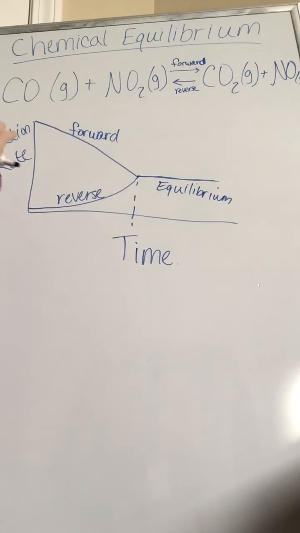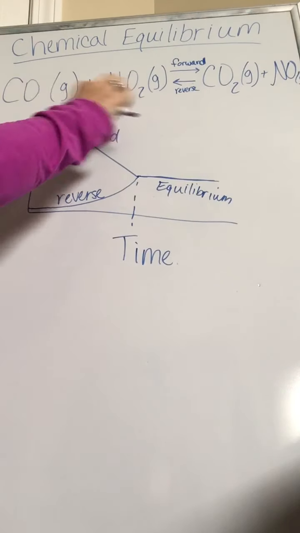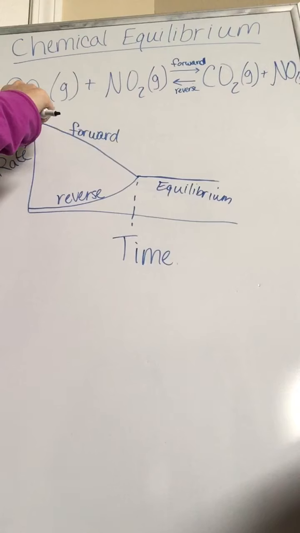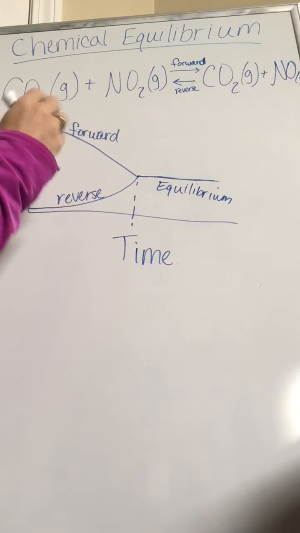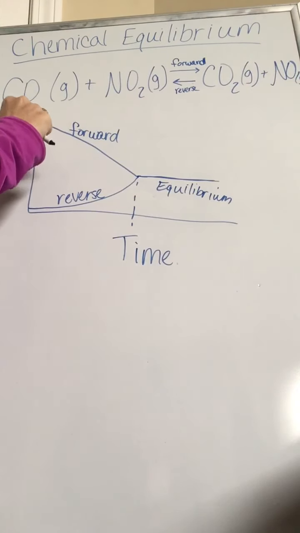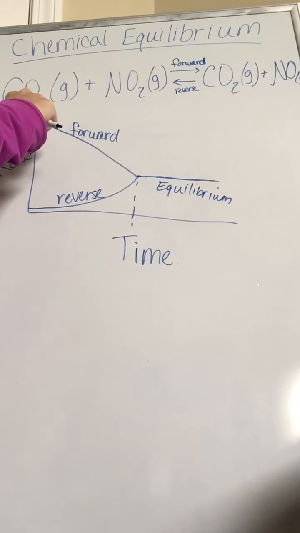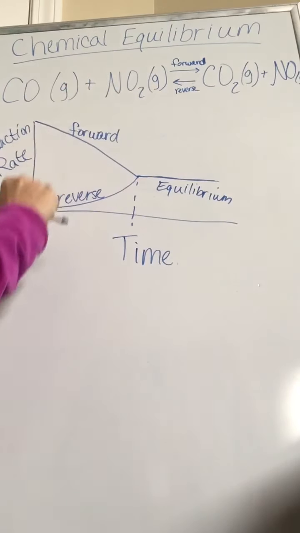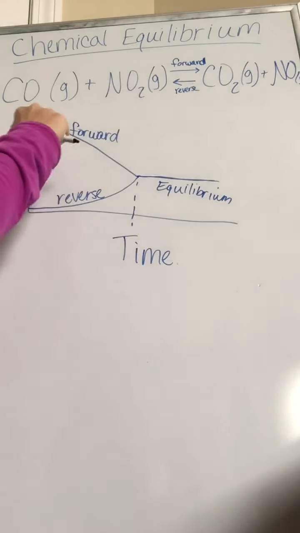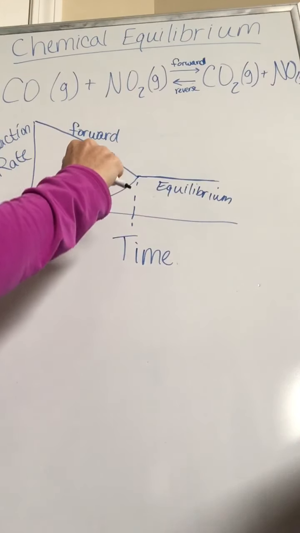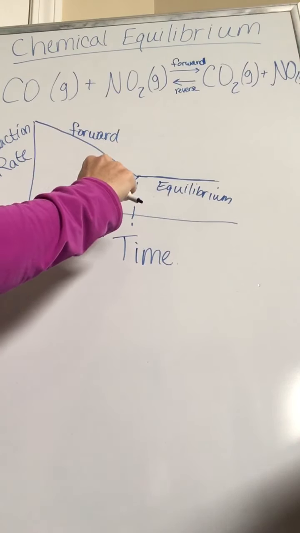So again, reaction rate. You're starting out with your reactants over here. What this graph shows us is the forward reaction. Here is where we put our reactants together. They're up here. It's moving forward, but as these are being used up, now we have more products as we go forward in time, and so the reverse reaction starts ramping up in rate.